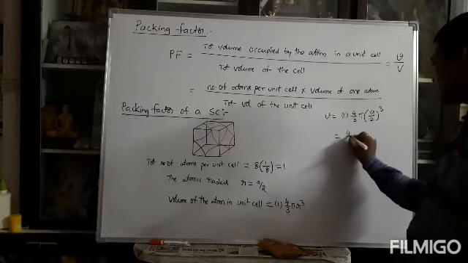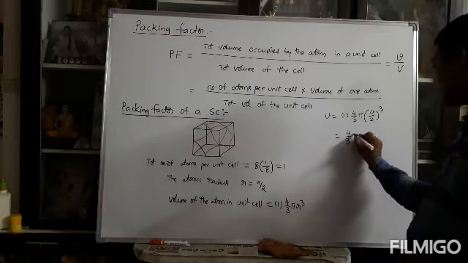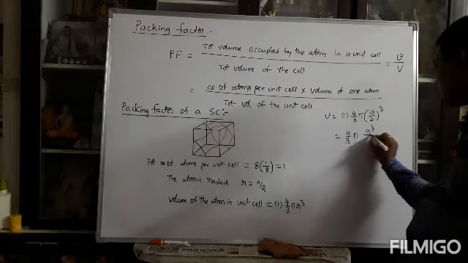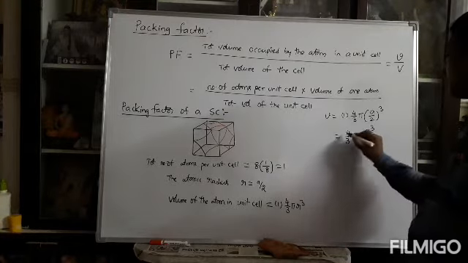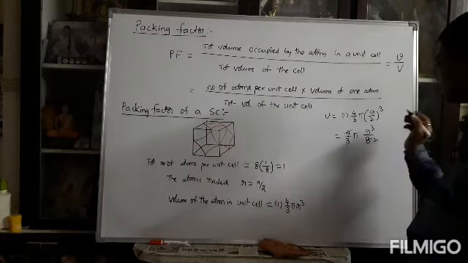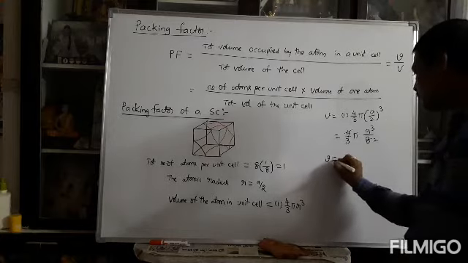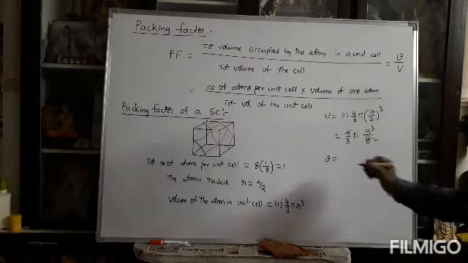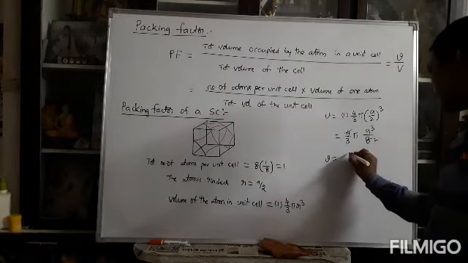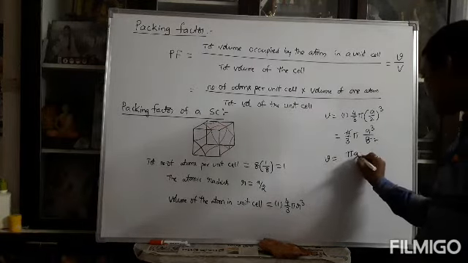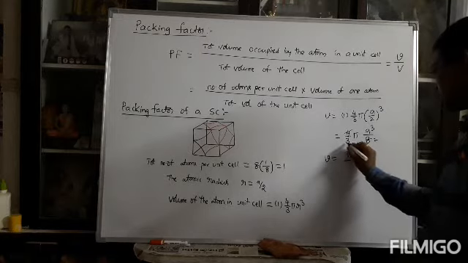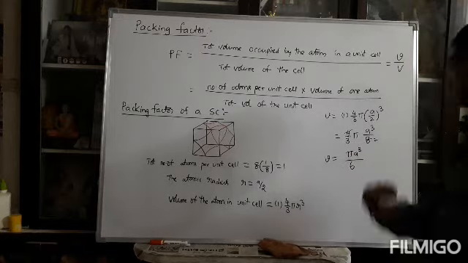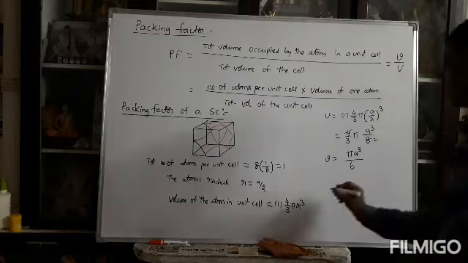That is 4/3 pi a cube by 2 cube, which is 8. So the volume occupied by the atom in a unit cell is small v is equal to pi a cube by 6.